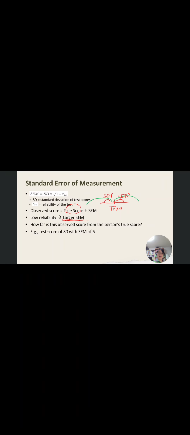So let's assume that the test score is 80 and the standard error of measurement was 5. Then we will say that 80 and 81 are not really different, right? But 80 and 86 are different, right? Because that's out of the standard error of measurement.